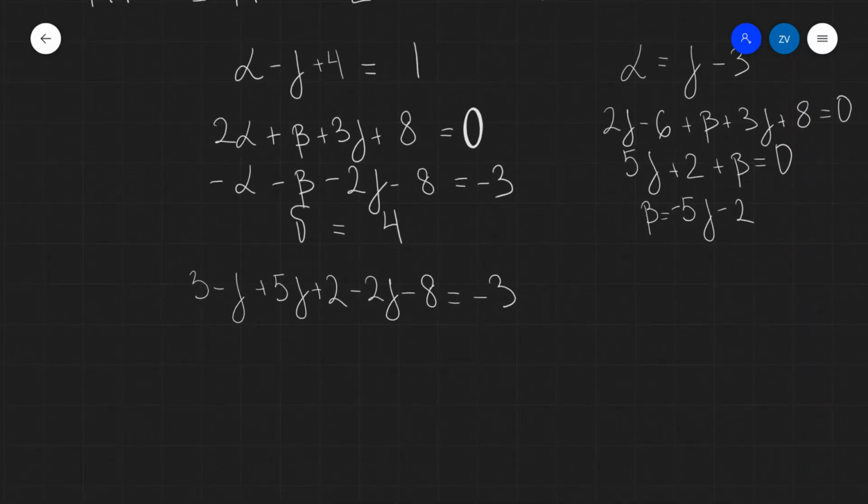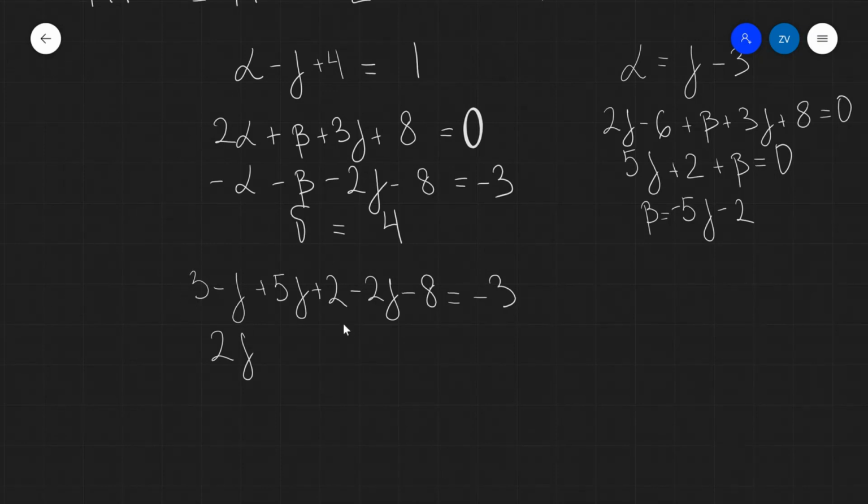Now we're ready to do a little bit of simplification. Let's start off with the gammas first of all. So minus gamma plus 5 gamma is going to give us 4 gamma. Take away another 2 of that, so we're going to get a factor of 2 times gamma. Let's do the digits next.